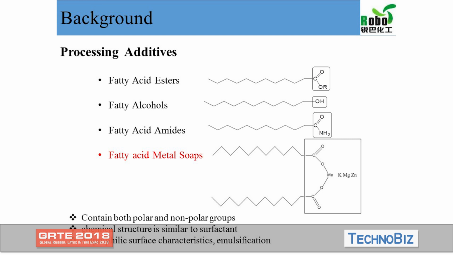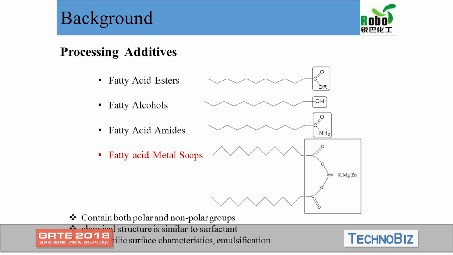As we know, zinc soap is a common processing additive. However, recently we found that excessive zinc will be harmful to the health of humans. Therefore, it requires stricter control of zinc content.